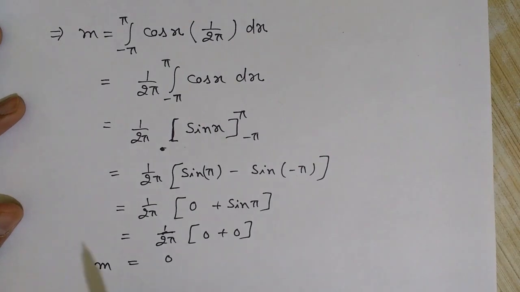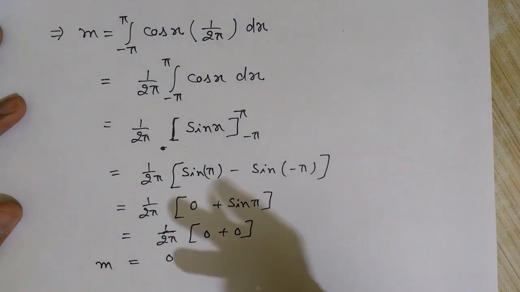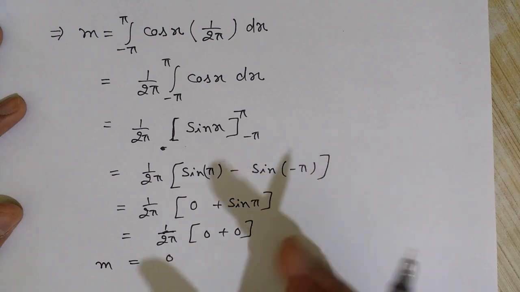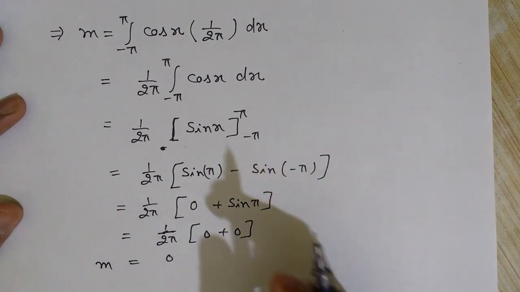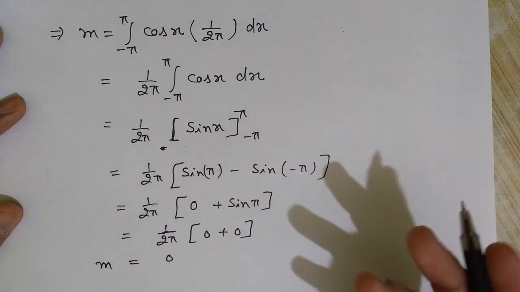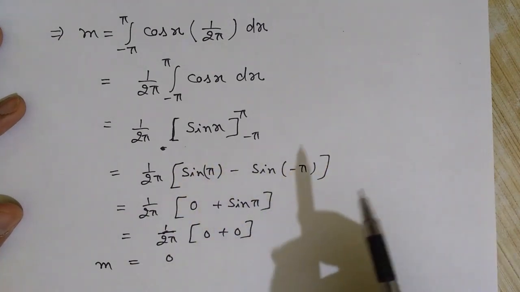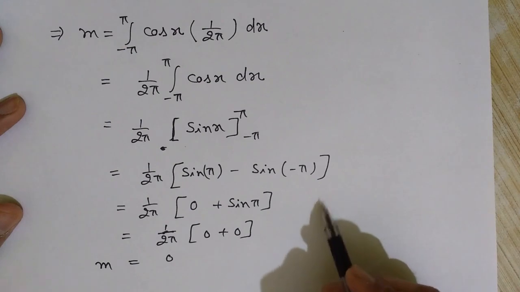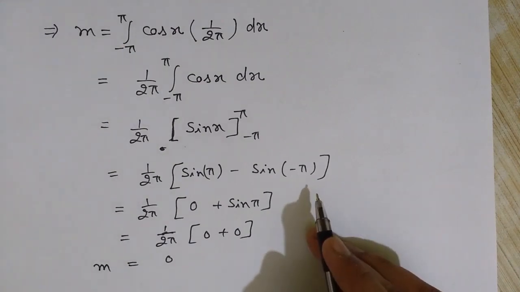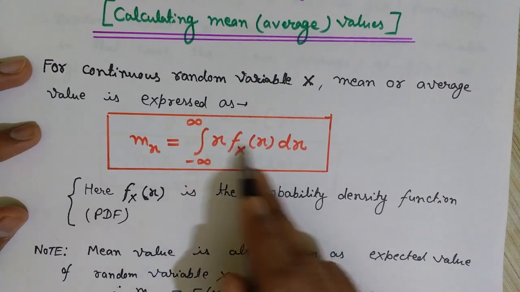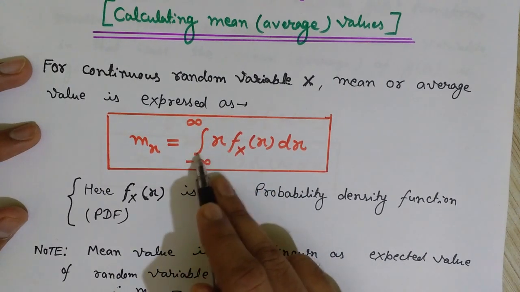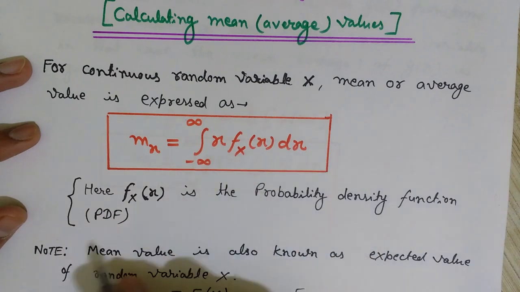I hope you understood the concept. Although it was easy, we could have another example where we are given the random variable x only. That was very simple. We can use this simple formula: x into the density, which will be given to us, integrated from minus infinity to infinity with respect to x.